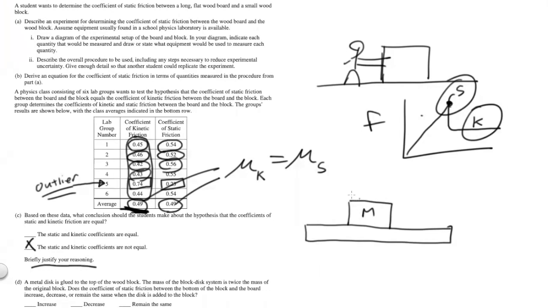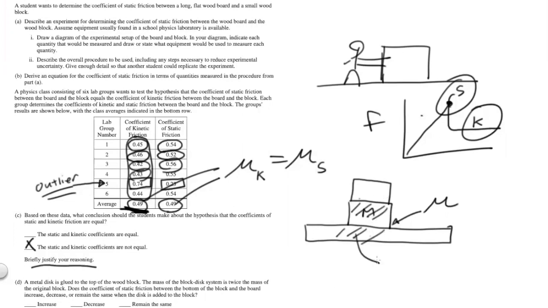So we're gluing on another object on top of the wood block, essentially making the mass of the block bigger. Does the coefficient of static friction between the bottom of the block and the board increase, decrease, or remain the same? Okay, the way friction works, when you talk about the coefficient between 2 objects, it's a measure of how these physical materials interact with each other.